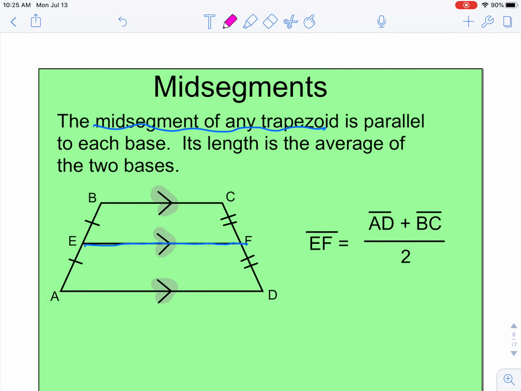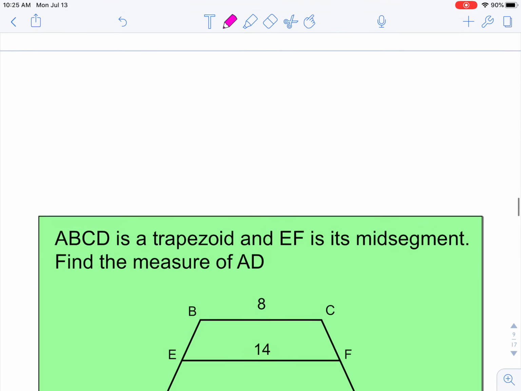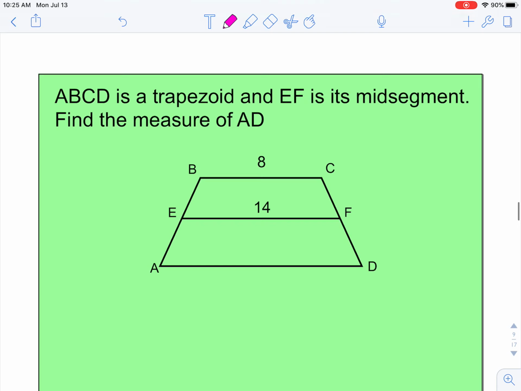And as you might expect, it is going to be the average of the other two bases. So in other words, it's not the same value as AD or BC, but if you take the average of the bases, that's what the length of the midsegment is. So you take the two bases, add them up, divide by 2.